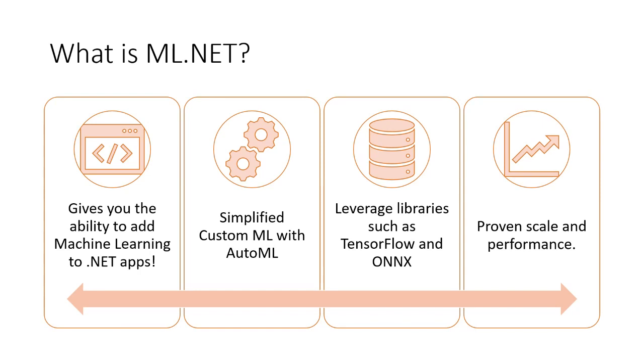Using ML.NET, we can train a custom model by specifying the algorithm that we need, or we can even leverage other libraries and import pre-trained models, such as, for example, models that are trained using TensorFlow or ONNX. And then once we've trained our model, we can add the model that we've trained to our application in order to make predictions.